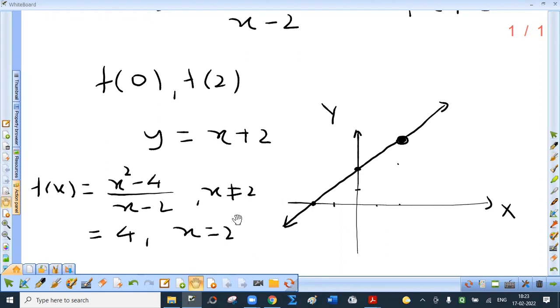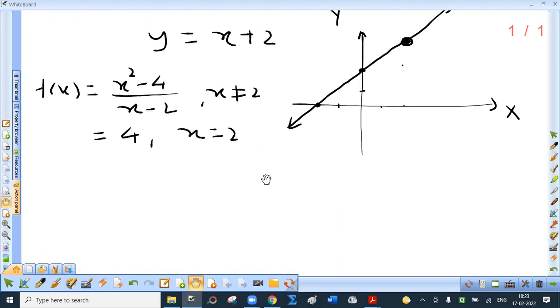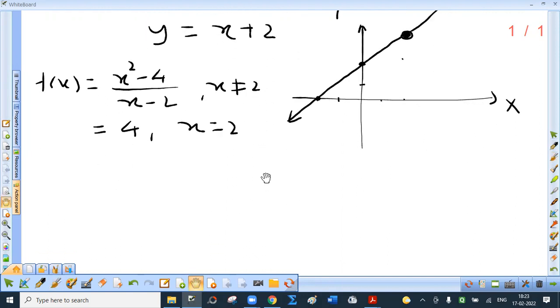That is, there is no break or gap. So the function is continuous. As I said, it is not possible and advisable also to draw the graph in each and every case, and therefore we use the concept of calculus to define continuity. So what is that definition?